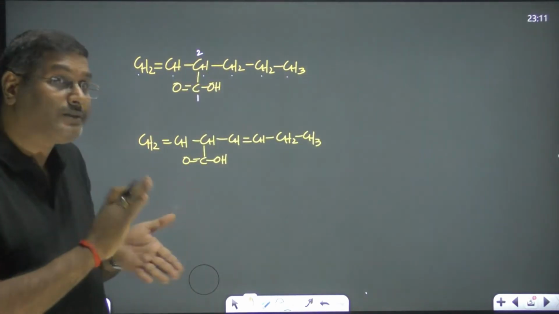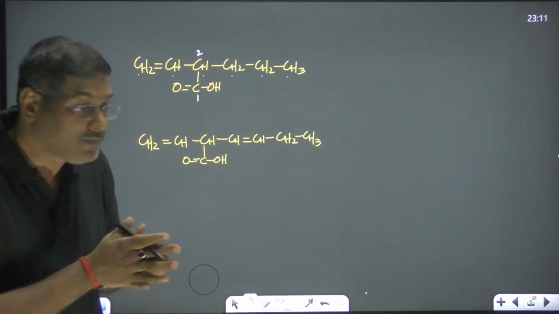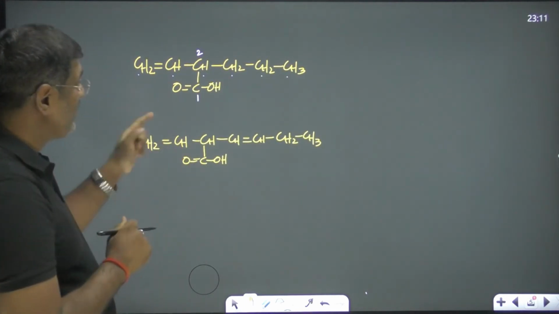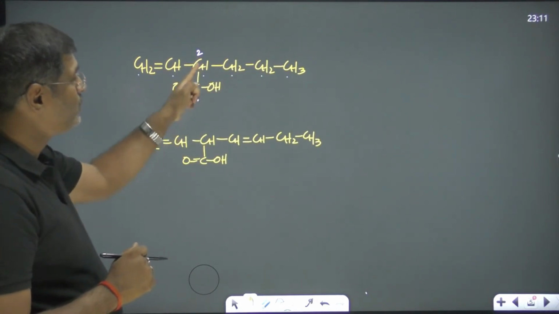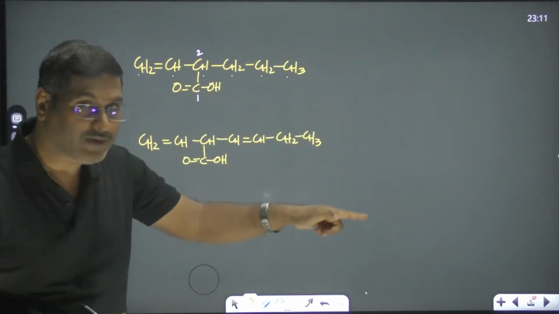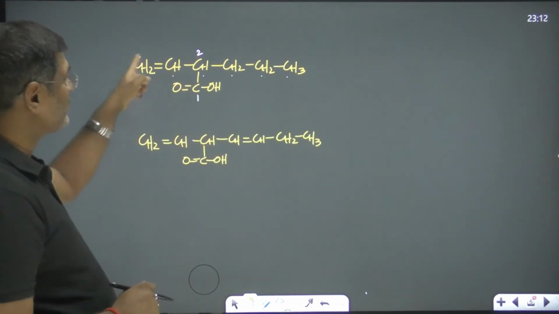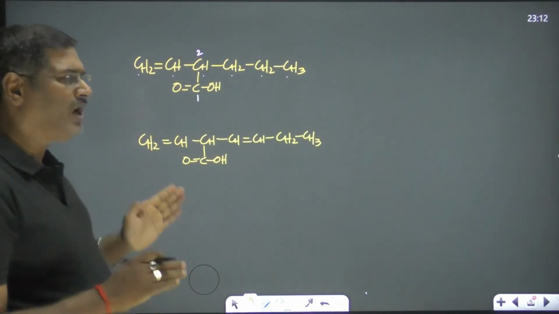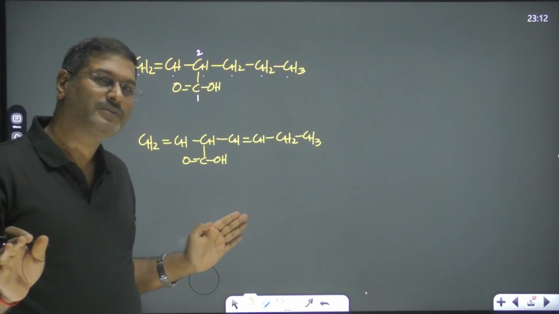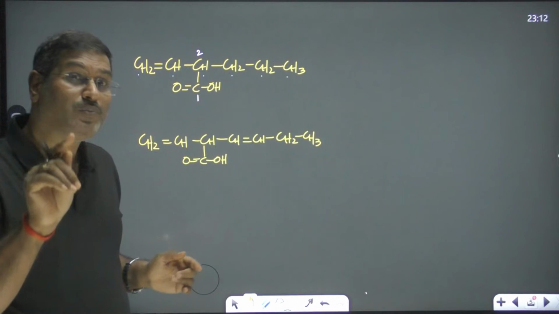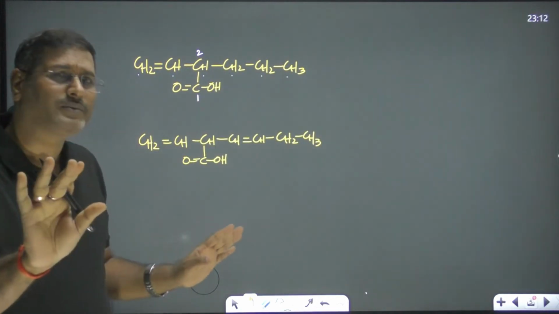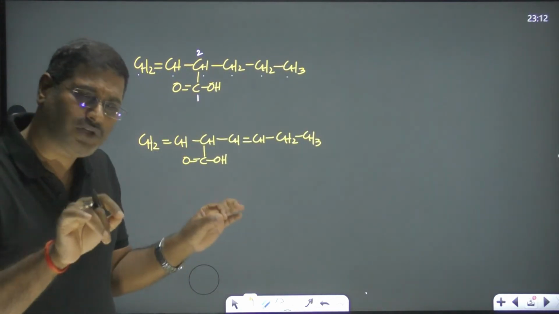Now what to consider? If we go this way, we get 2, 3, 4, 5 carbon atoms in the parent chain, and if we go this way, we get only 4 carbon atoms in the parent chain. So what? We prefer 4 carbon atoms in the parent chain because it contains a double bond.